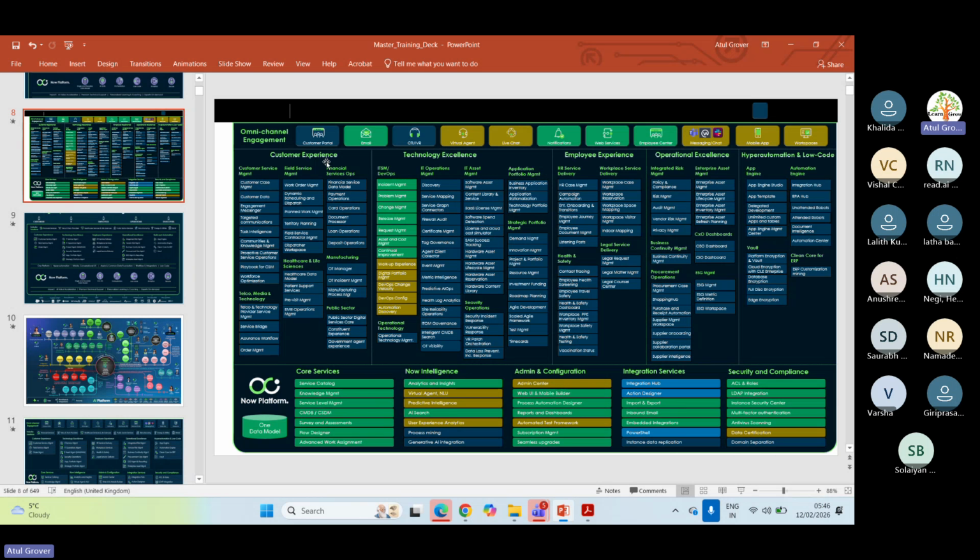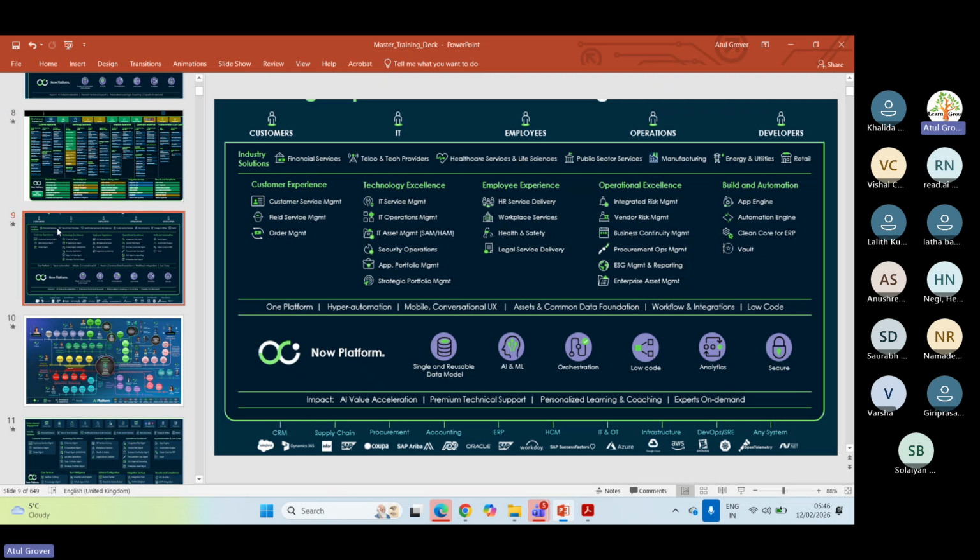Whether you are using CSM, technology, ITSM, ITOM, ITBM, HRSD, or integrated risk management, this is the core here. And these are the ServiceNow products. ServiceNow calls it the Now platform. To make it a little bit easier, this is your CSDM part here.